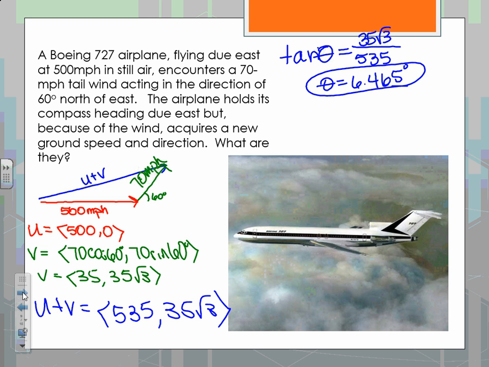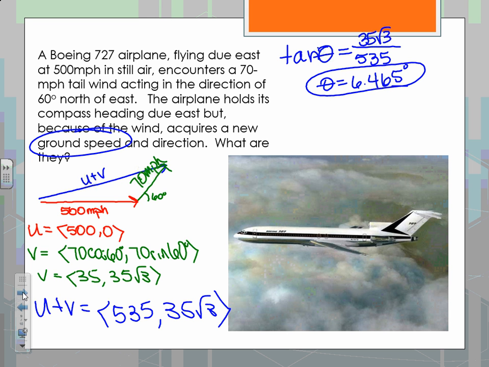Now, if I want the ground speed of the plane, what is it asking for about the vector? We're looking for the magnitude.